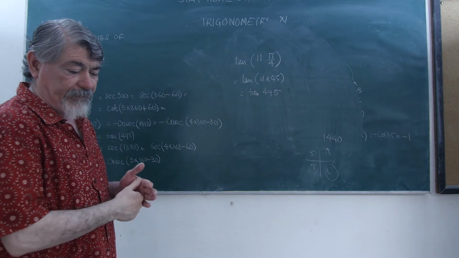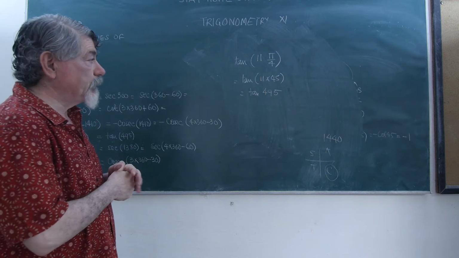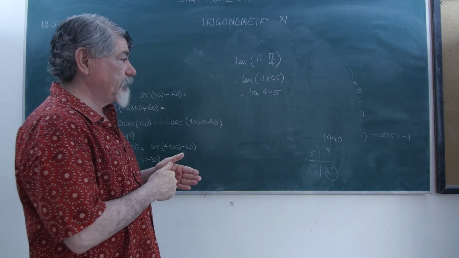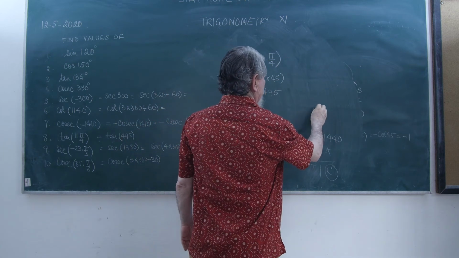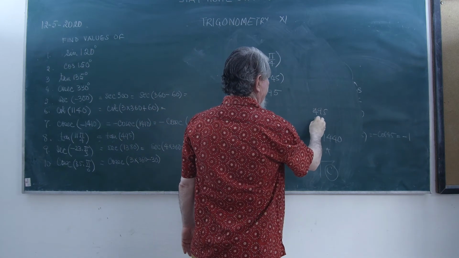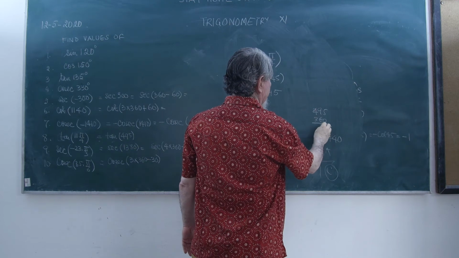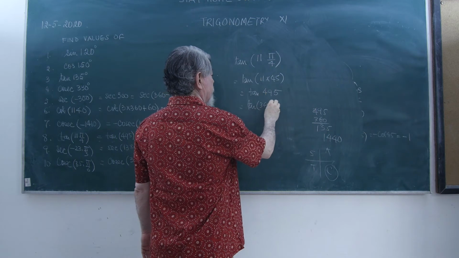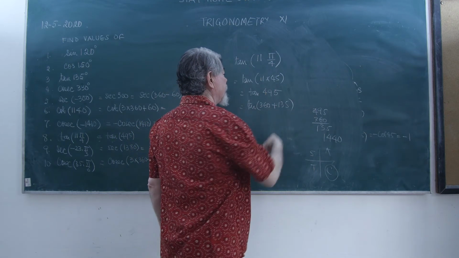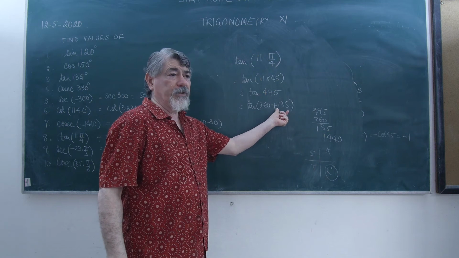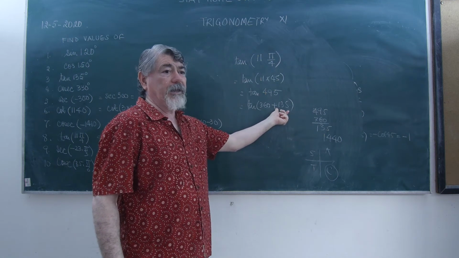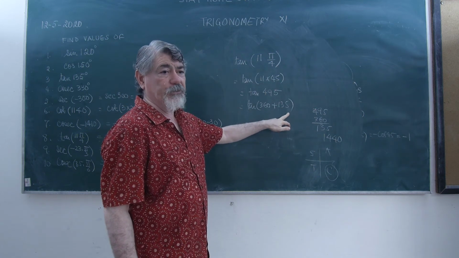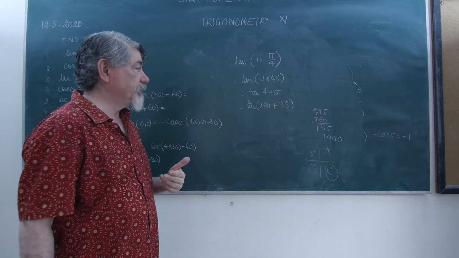So 495, how are you going to put it? You can put it as 360 plus something. If I subtract 360 from 495, I'll get 135. So I'll write it as tan of 360 plus 135. We told you that it should be an acute angle, but it does not matter even if it is not an acute angle. Treat it the same way as an acute angle, and finally it will adjust itself.